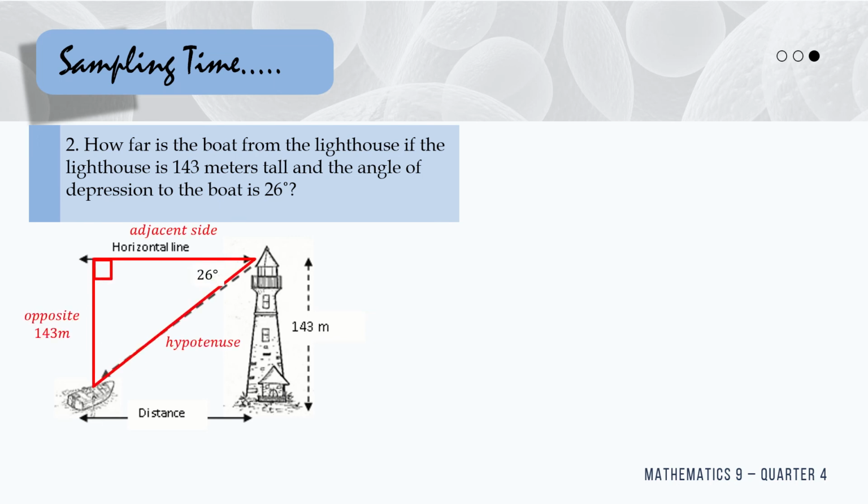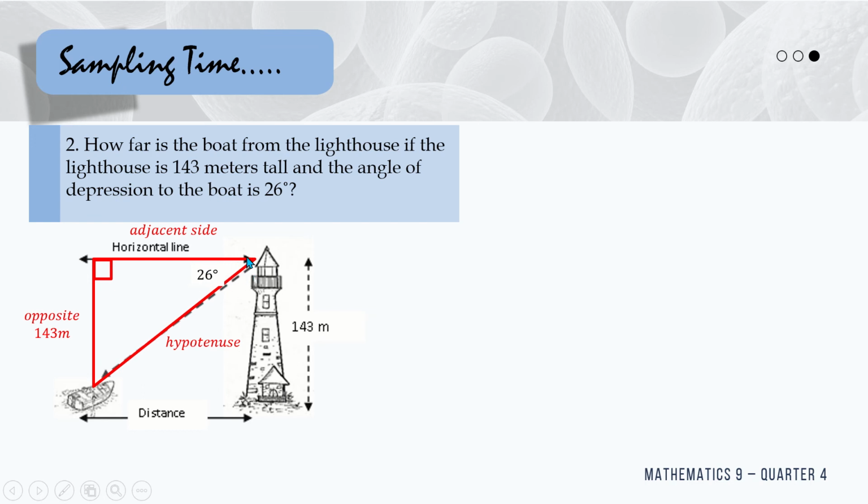So again, we need to create a right triangle from the given problem. The red marks signify the right triangle, and the angle of depression is 26 degrees.